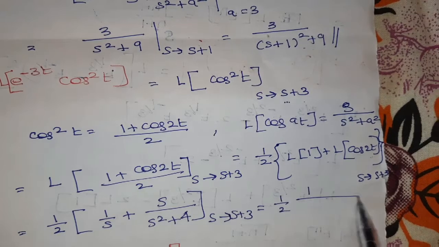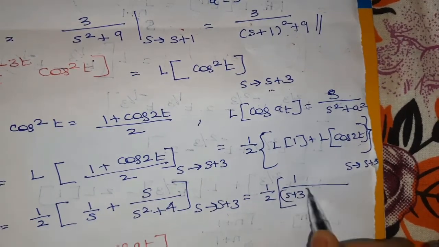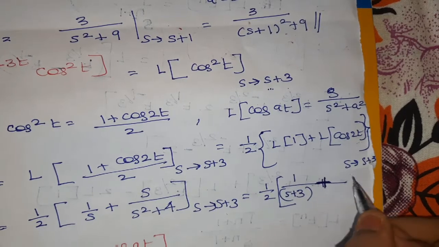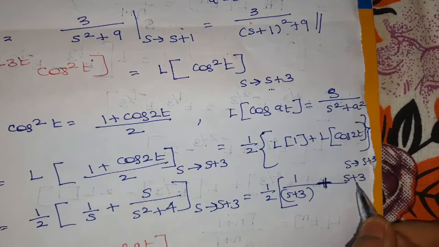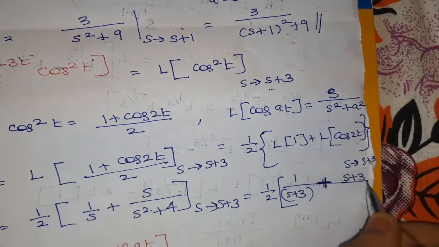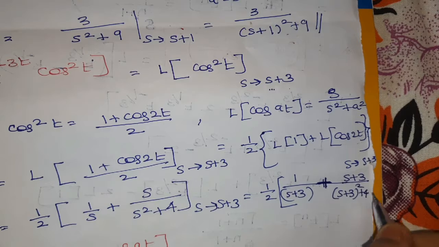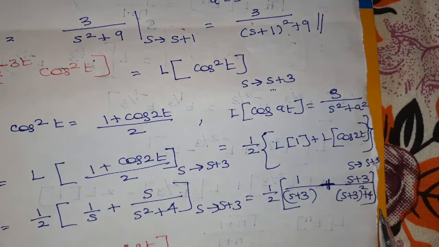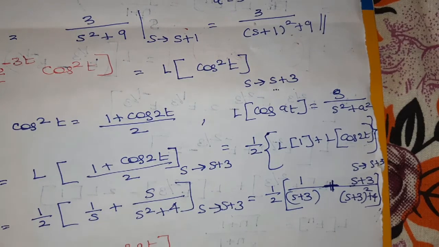So 1 divided by s plus 3, plus s plus 3 divided by s plus 3 the whole squared plus 4. So this is the answer for this problem.